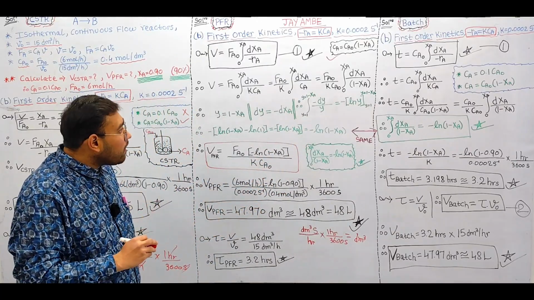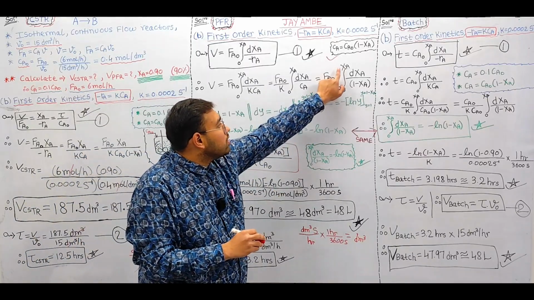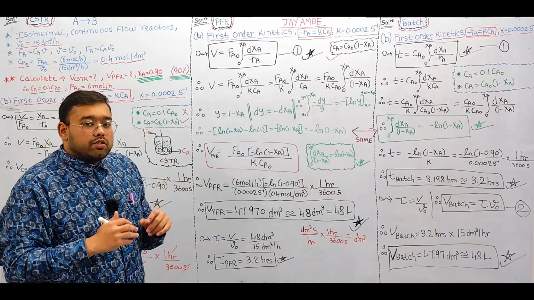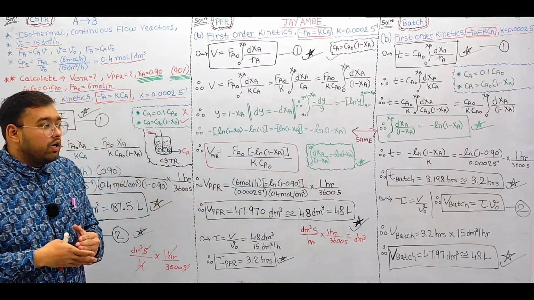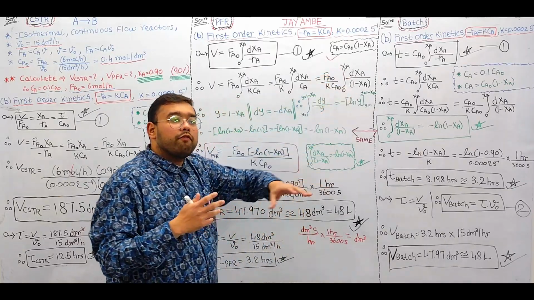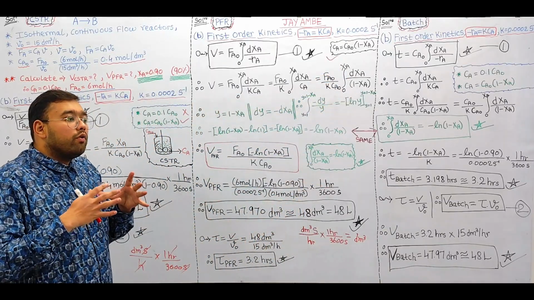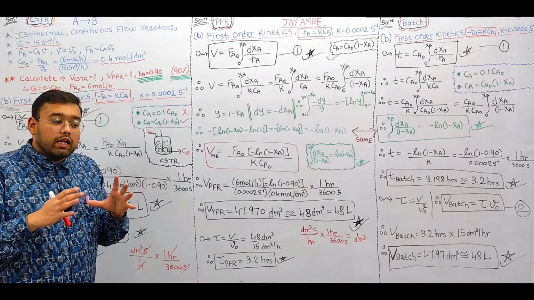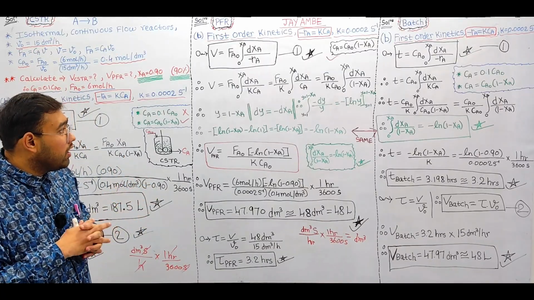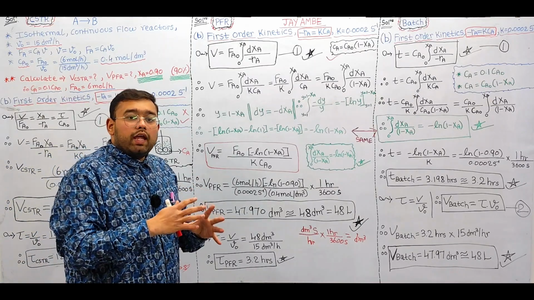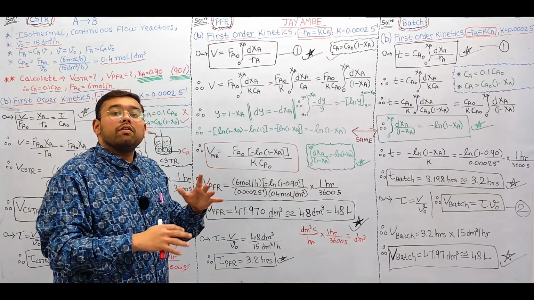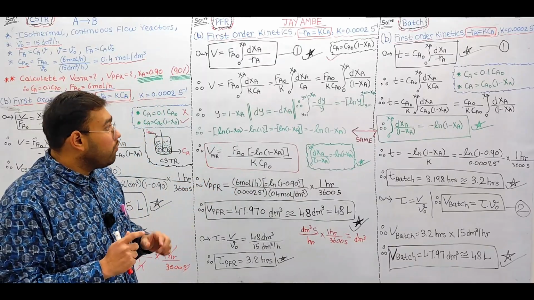Okay, now let's see what the term XA in the upper limit indicates. Here in the upper limit, XA represents the fraction of conversion of reactant A at an instant of time. At any instant, what is the fraction of A that has reacted? It's called XA, right?